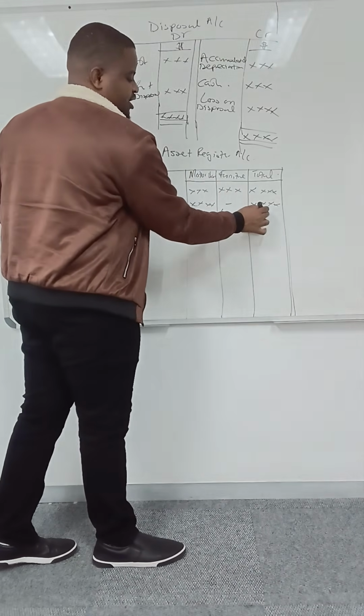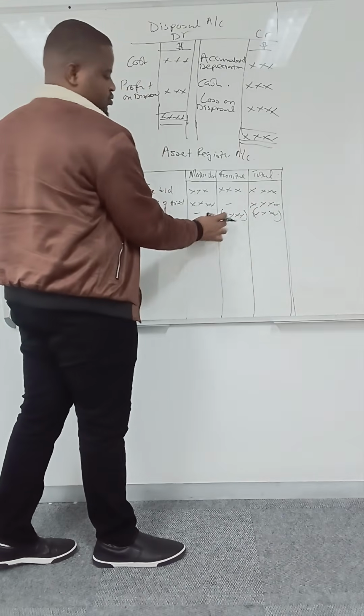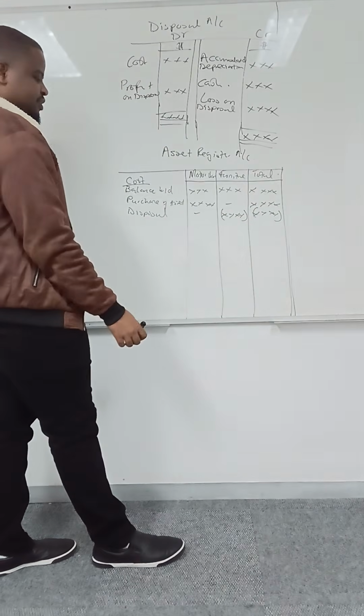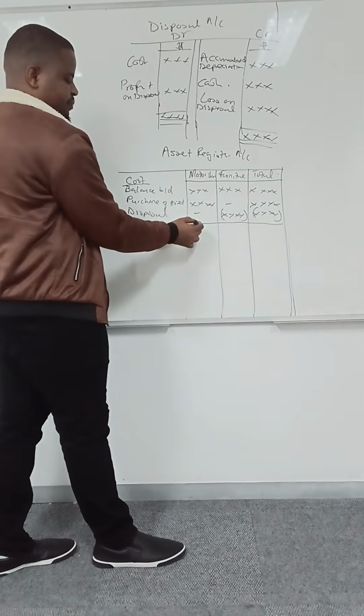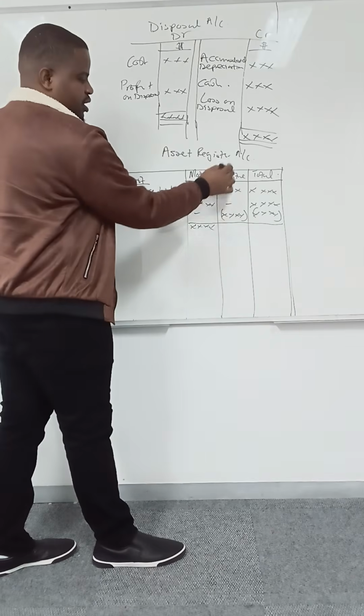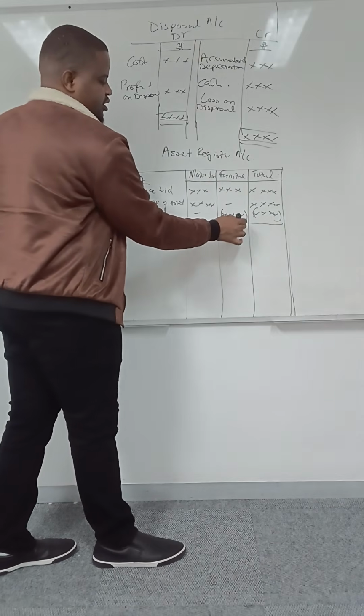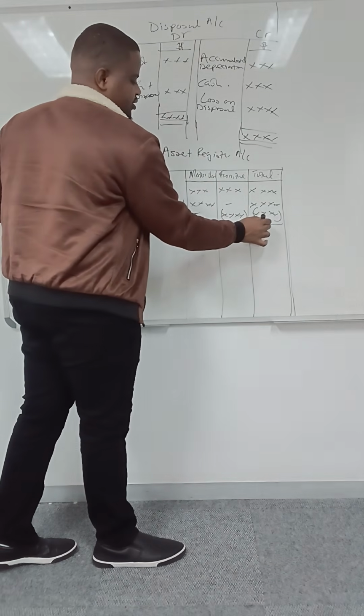So we just add up, putting the disposal in brackets. Then we put our totals, what we subtract, we subtract, and what we add, we add.